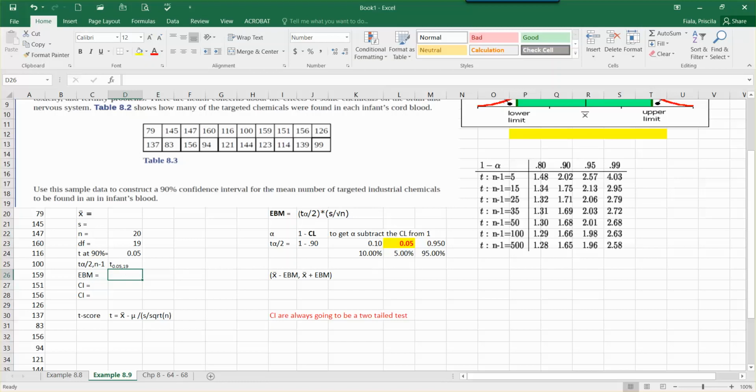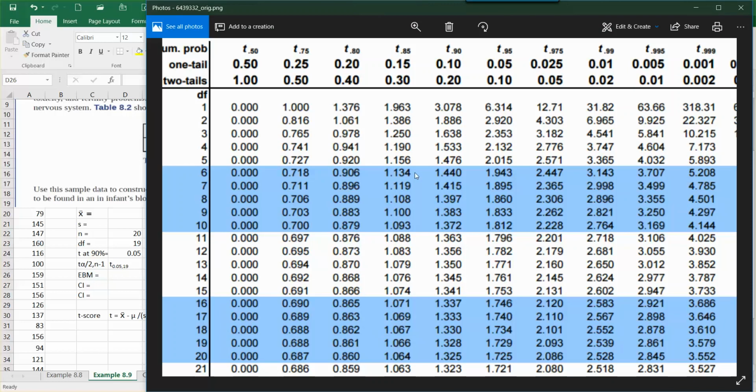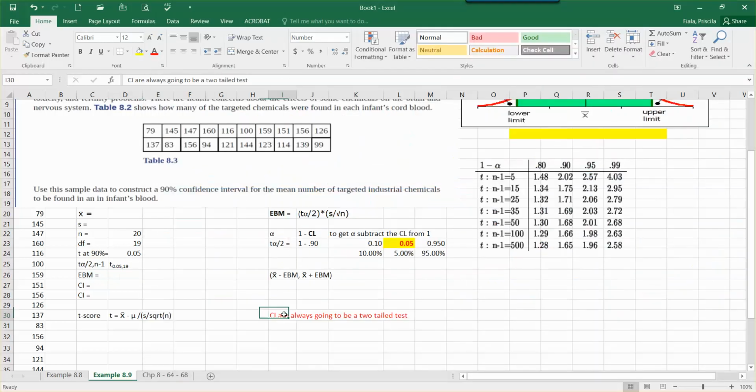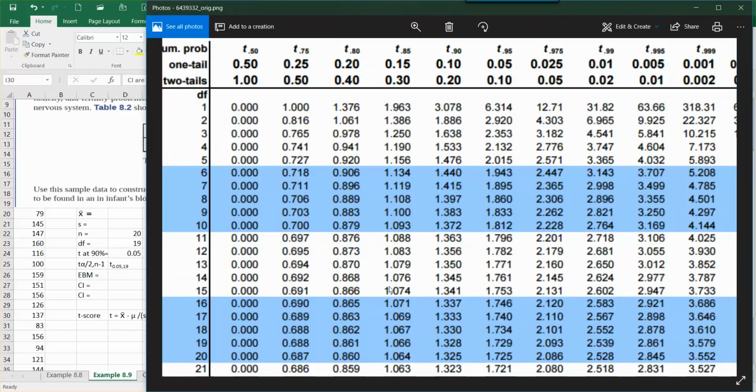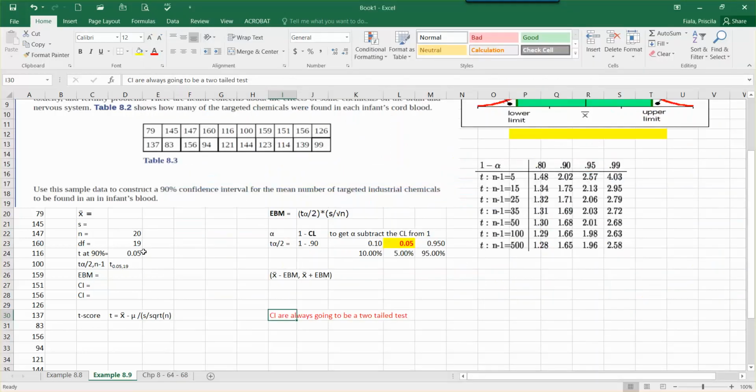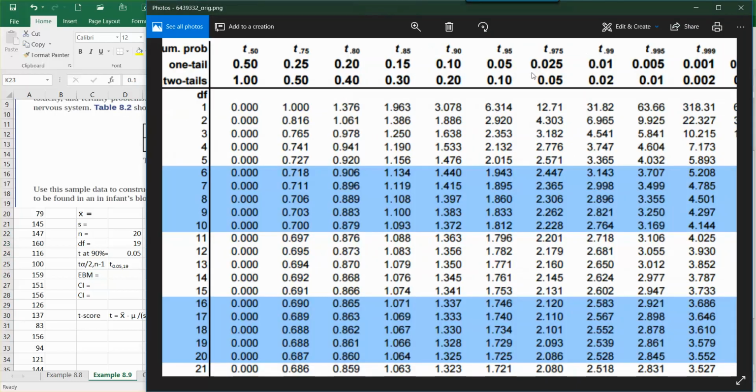How do you do that? Open your T distribution table, and it gives you, like I said, the one tail and the two tails. We know that confidence intervals are always a two-tail test. So before you even divide, for a two-tail you really have 10%, but if you calculate for each tail it's 5%, so everything's in the same column.